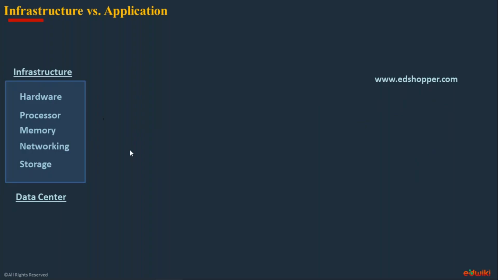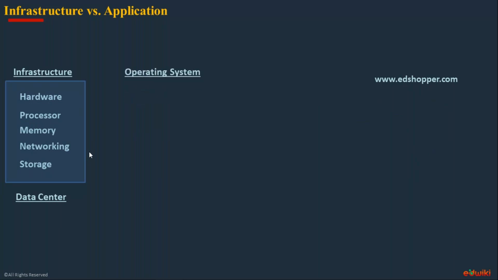So once we have the infrastructure ready, what does it mean by infrastructure ready, guys? Let's say I go and purchase hundreds of servers, and I put all of them in one single building space. I'll put some cable connectivity between the systems, then I'll make it ready.